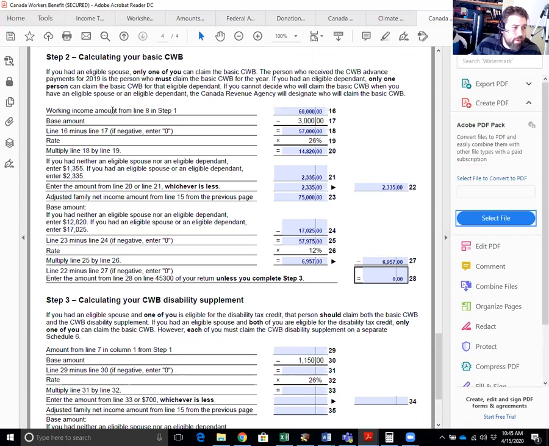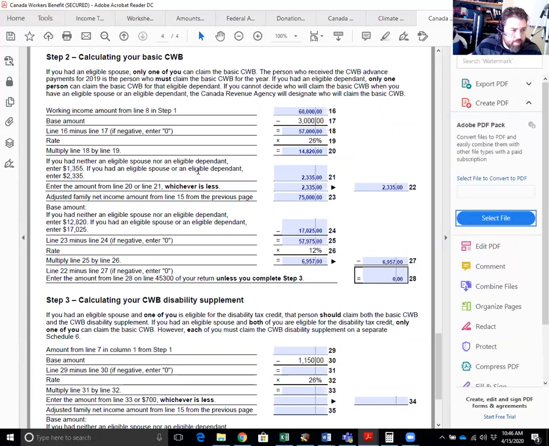We're going to put our working income amount in, 60,000, minus 3,000 is 57,000, times a rate of 26%, we get 14,820. If you had neither an eligible spouse or eligible dependent, put 1,355.